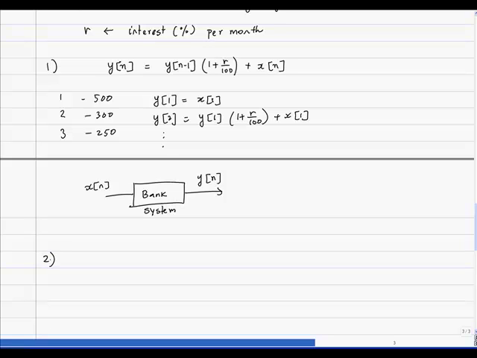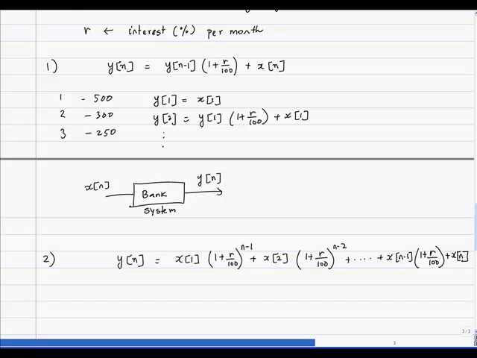You could also think of it as y at time n is, let's say, how much ever money you put in the first month, x of 1, times 1 plus r over 100 raised to n minus 1, because this is the total amount of money that would be available due to your deposit in the first month, plus x of 2 times 1 plus r over 100 raised to n minus 2, and so on and so forth, until x of n minus 1 times 1 plus r over 100, plus x of n.